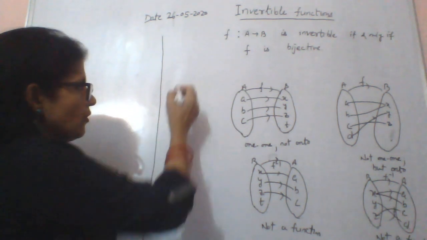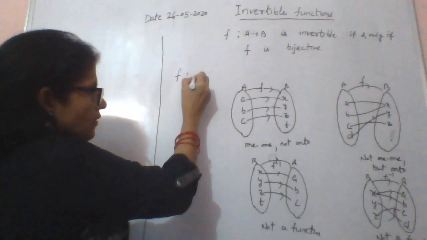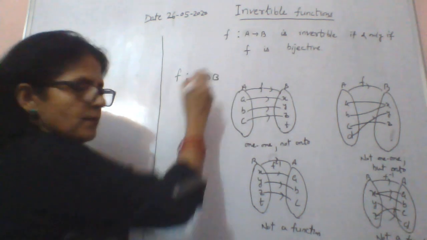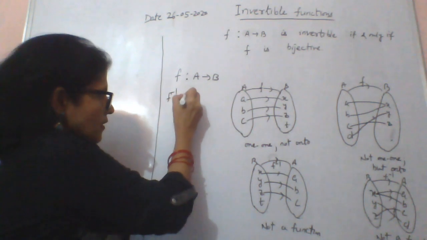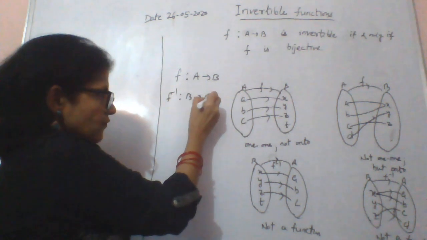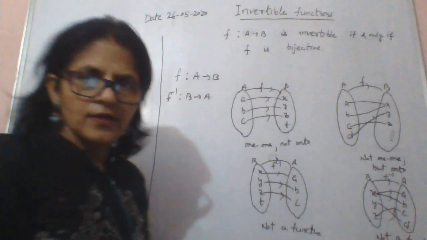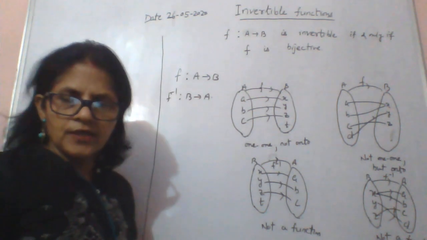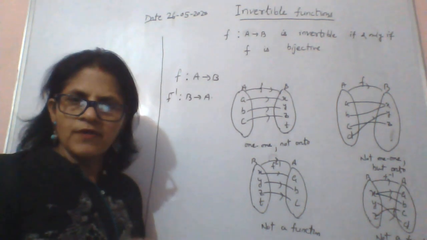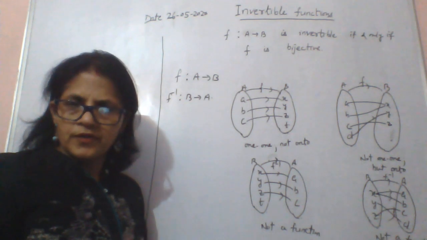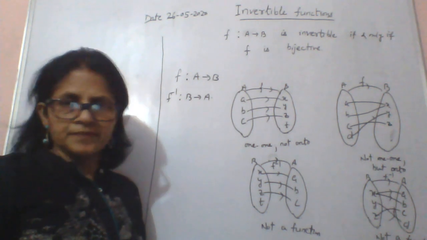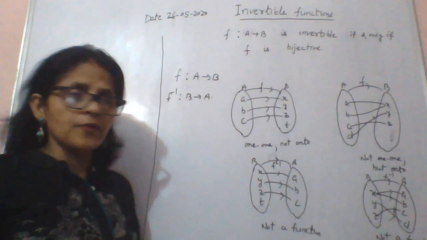As you know, when you have f as a function from A to B, f inverse is a function from B to A. We have done that in the class where we studied functions with 1-1, onto and bijective, when we defined invertible function.